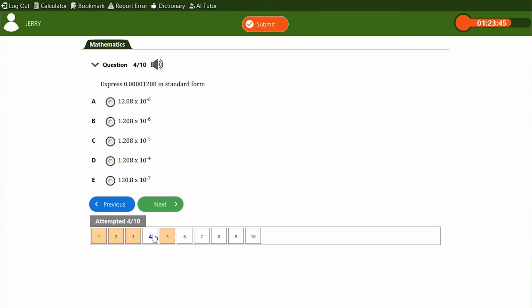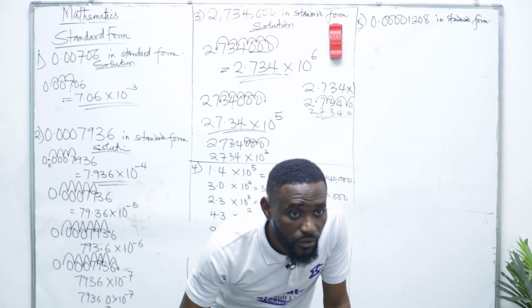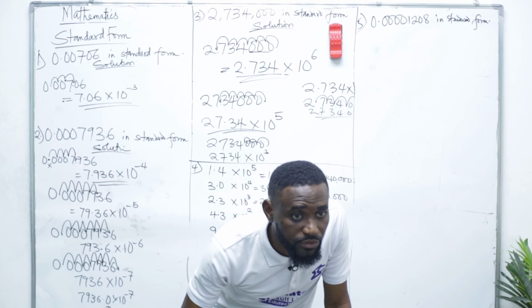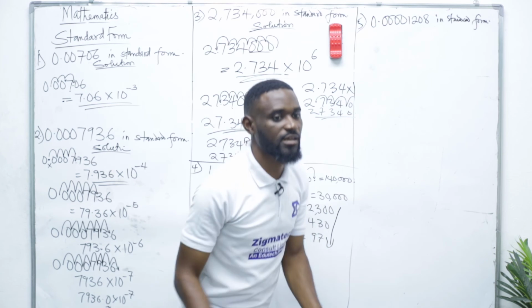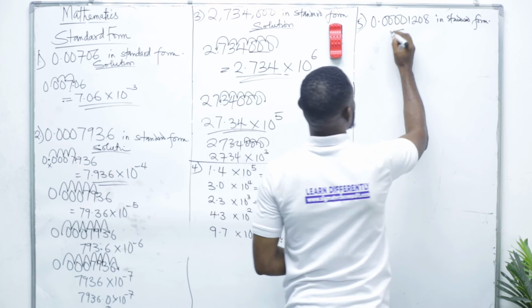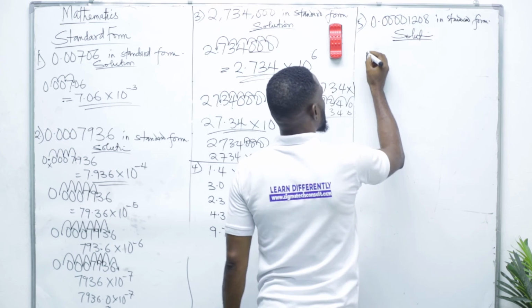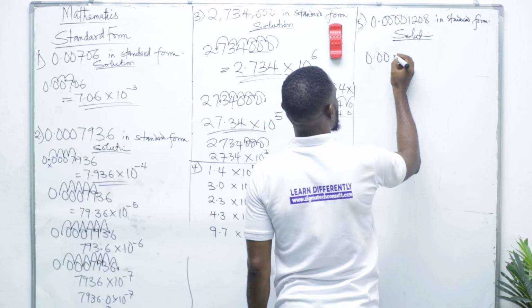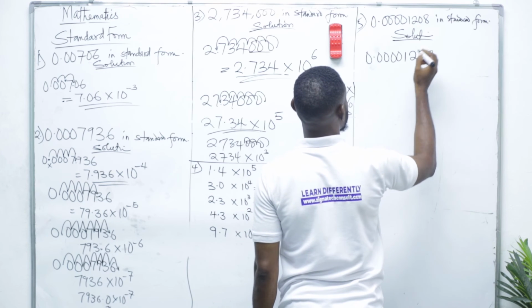Express this in standard form. Okay, so we're having 1, 2, 3, 4 in standard form. So simple. Solution: 0.00001208.